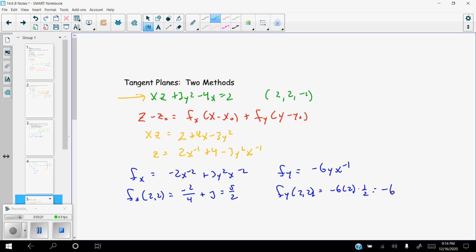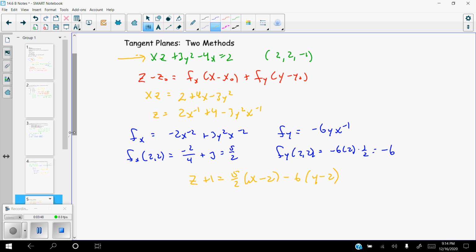All right, so we have our fx and our fy. Now all we have to do is plug this stuff into the equation of the tangent plane, which is z minus negative 1, or z plus 1, equals the partial with respect to x, 5 halves, times x minus 2, plus the partial with respect to y, negative 6, times y minus 2. Then if I want to, I can add the 1 over and distribute everything.